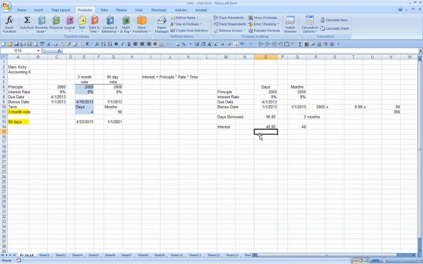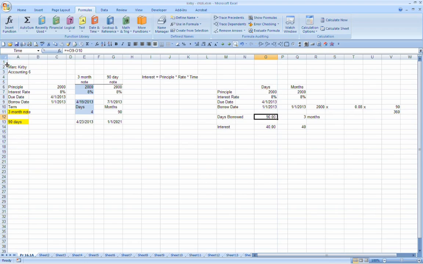Did I point this out before? Look at where I'm at right now. I'm on cell O15. The little name box up here tells me that's cell O15. If I click on O7, instead of telling me that it's O7, the name box tells me that it's principal. I've named that. And if I hit the drop down, it shows me all of the named ranges I've got.